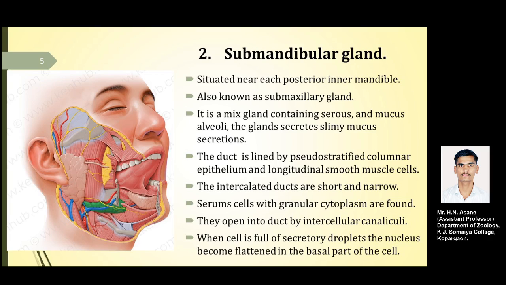The intralobular ducts are the same type as in the parotid glands, but the salivary ducts are longer and more numerous than in the parotid. The intercalated ducts are short and narrow.